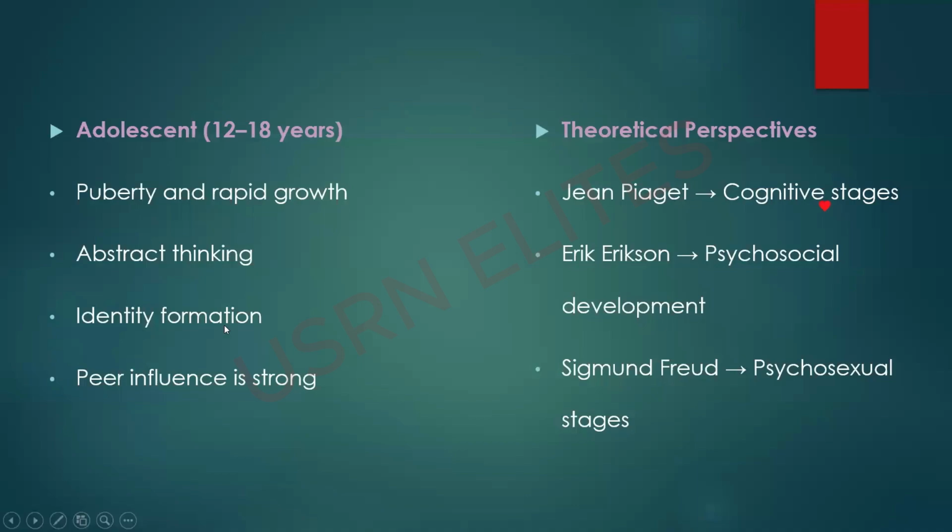Identity formation is also pronounced here, and peer influence is very, very strong. So over here, it's like the initiation period into adulthood. So that is how it is. All right.